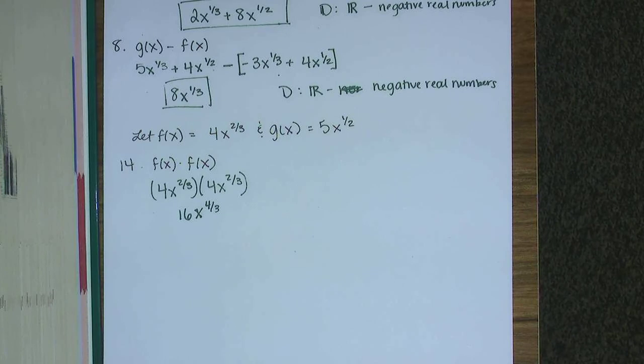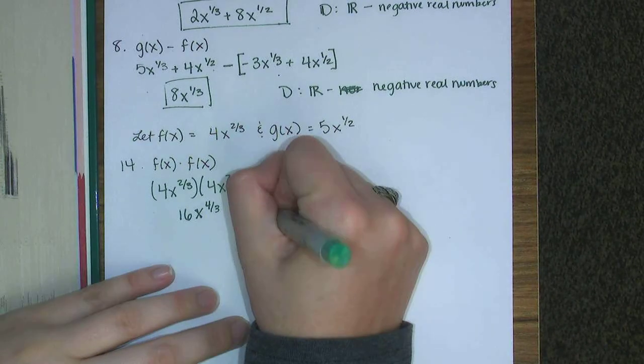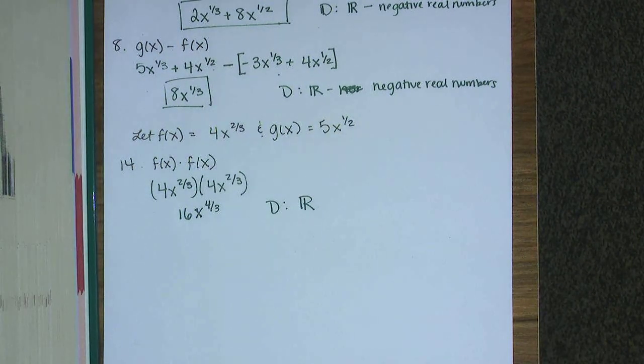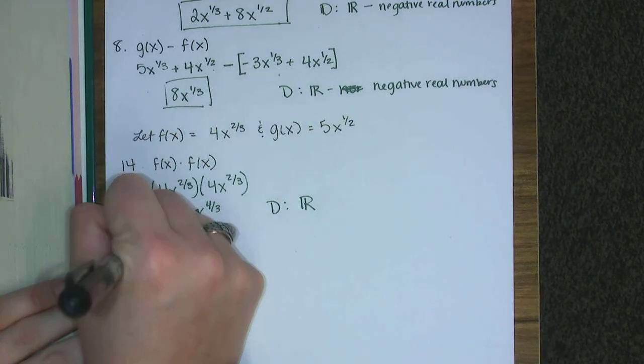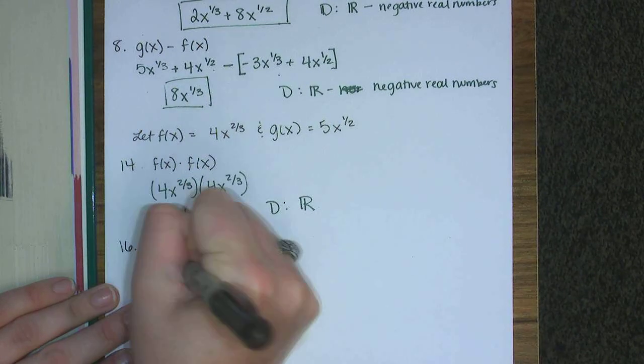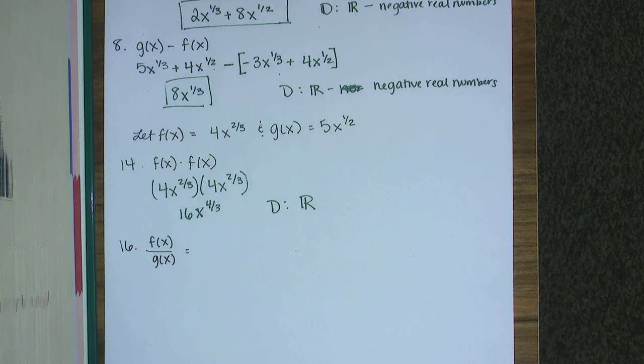Let me do a division one real quick. Let's do 16. So 16, f of x over g of x, is equal to, well, f of x we're told is 4x to the 2/3, over g of x, which is 5x to the 1/2.